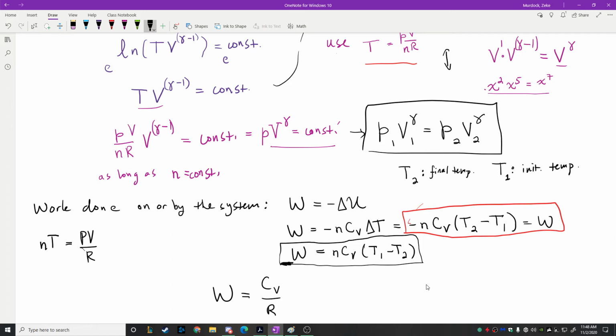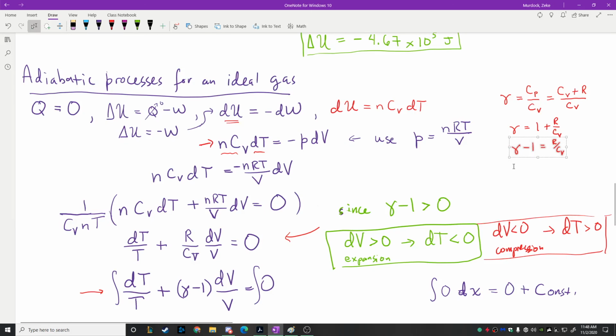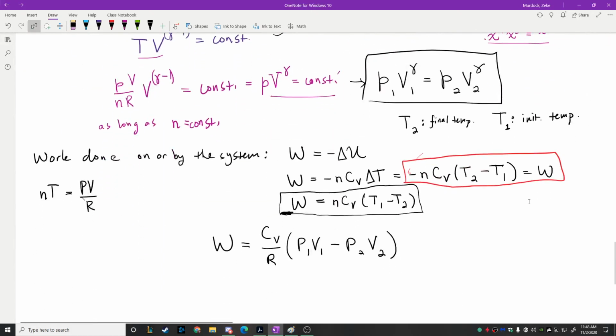Both terms are going to have an R in it. T1 is going to be equal to P1V1. T2 is going to be equal to P2V2. And CV over R, we use this relationship again. I think it's gamma minus 1, but now it's inverted. So R over CV is gamma minus 1, which means CV over R is going to be 1 over gamma minus 1.